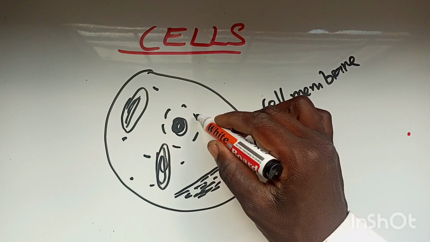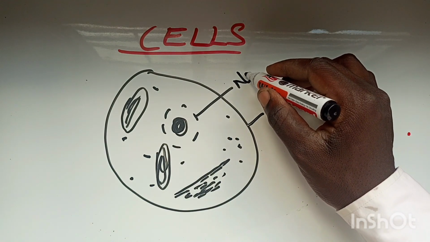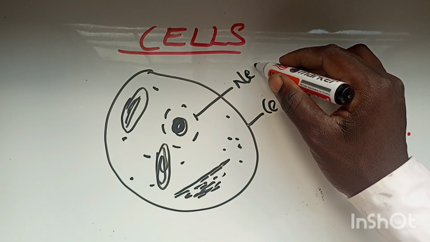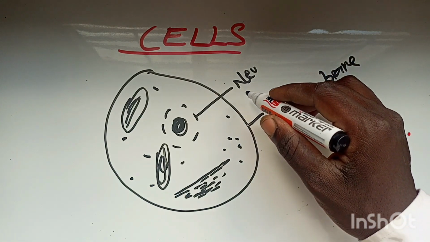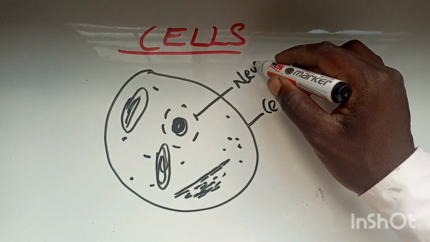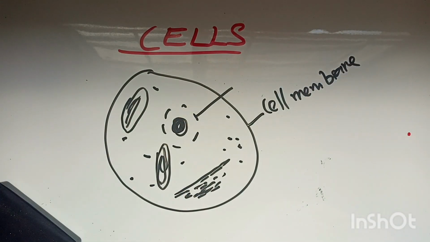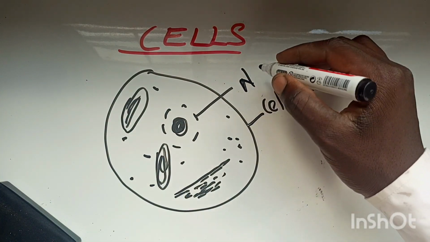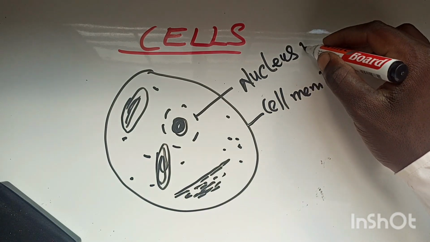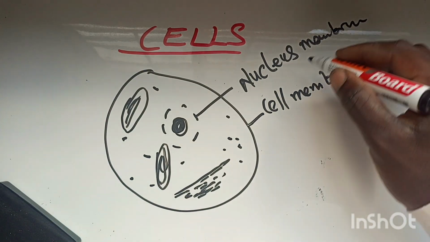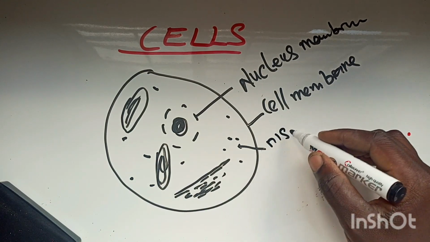From there we have the nucleus, the nucleolus. We have the nucleus, membrane. From there we have the ribosomes.